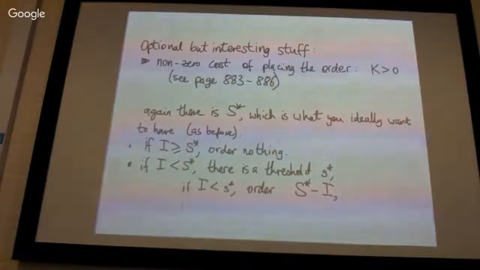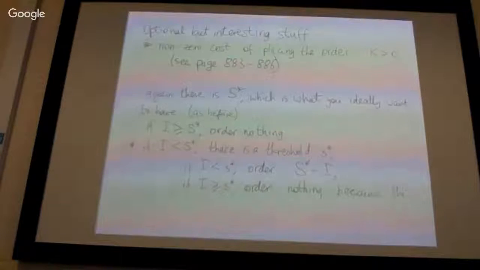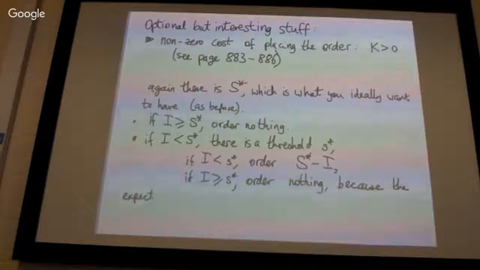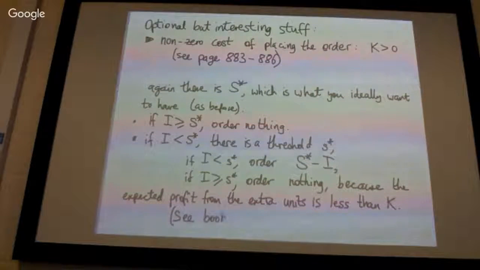And if I is bigger or equal to this little s star, order nothing, because the expected profit from the extra unit is less than the ordering cost terms.